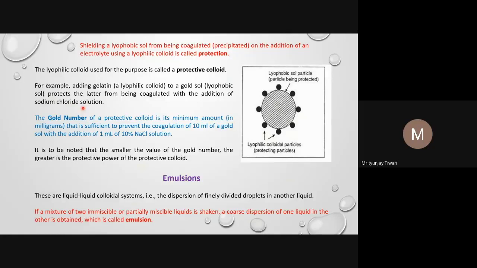It protects the gold sol from being coagulated, and that means the gelatin, which is a lyophilic colloid, is called the protective colloid.